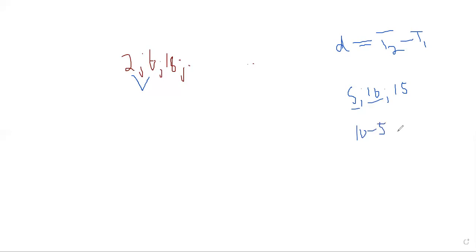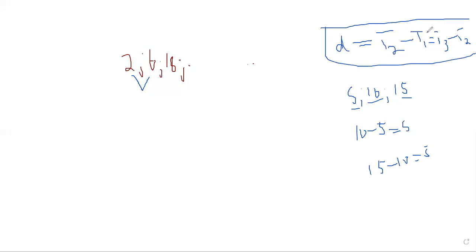And that should be the same as the third term minus the second one. The third one is 15, so 15 minus 10. So this is 5, and this is also 5. That is why we are saying the difference is constant.